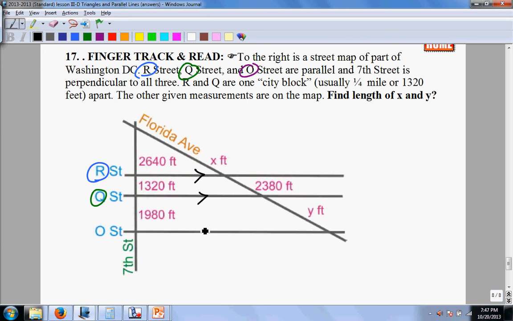So put your arrow feathers on there. 7th Street is perpendicular to all three, so make a right angle. 7th Street makes a right angle, which makes sense because if one's a right angle, they all must be if they're parallel. R and Q are exactly one city block apart, a quarter of a mile or 1,320 feet. The other measurements are on the map. We want to find X and Y.